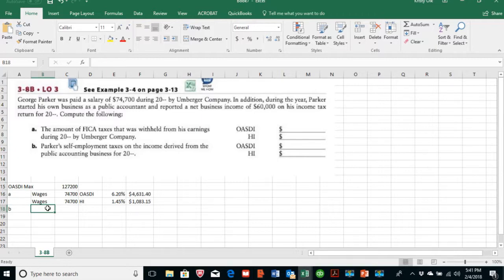The complexity comes into play here when we start talking about the second source of income. So employees can work at multiple companies. A lot of you may have been in this situation before where you had a regular job and then maybe a weekend job too. So you're going to pay OASDI attributable to your wages at that company.